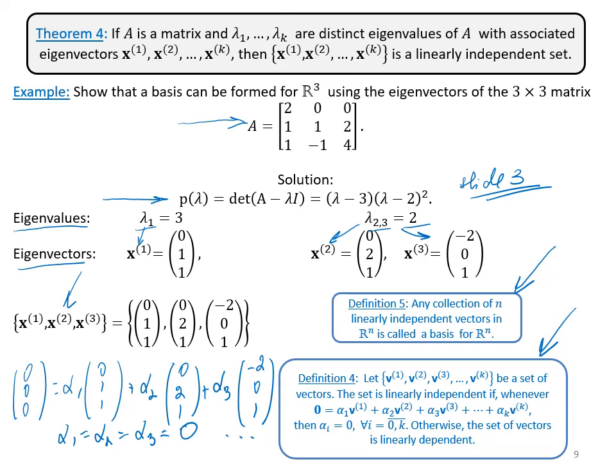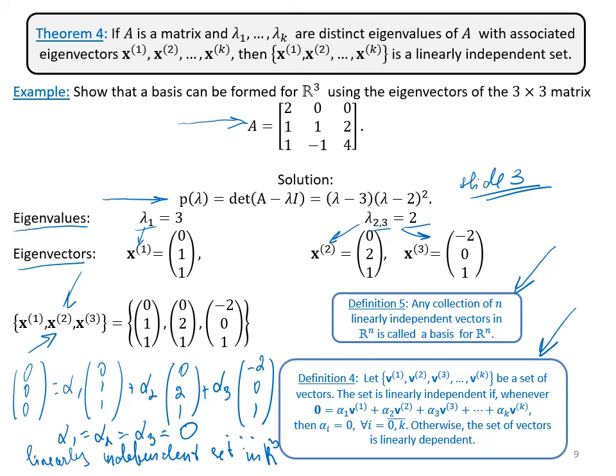So I leave calculations for you, you can check it. Based on that, we can conclude that our set of these three eigenvectors is a linearly independent set in R3. So, hence, this is a basis for R3.